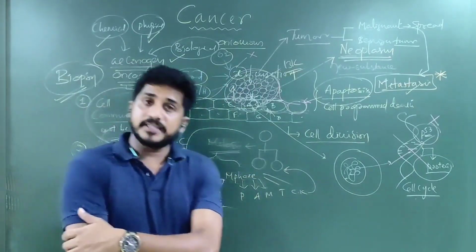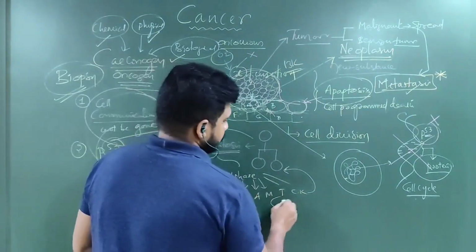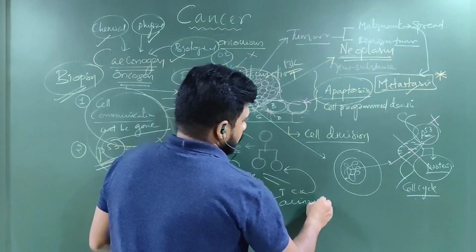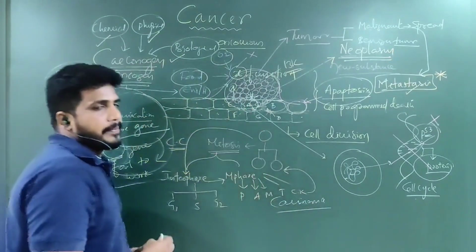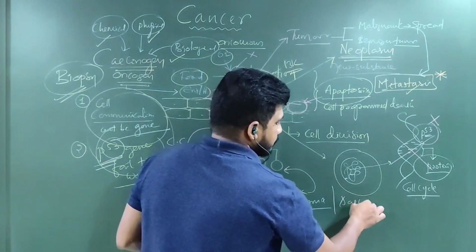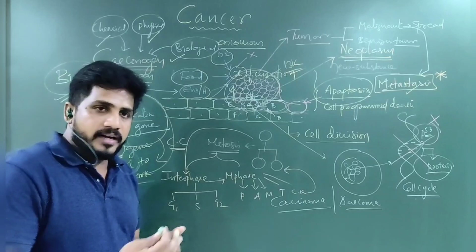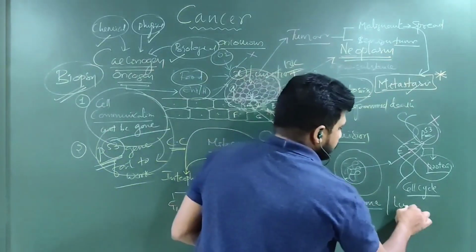If the cancer arises in epithelial tissue, that is called carcinoma. If the same thing happens in connective tissue, that is called sarcoma. If the same thing happens in the blood, that is called leukemia.